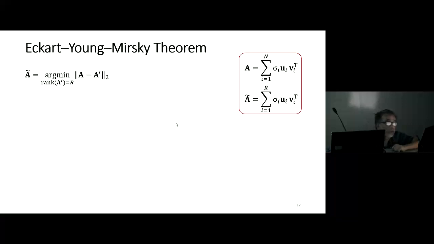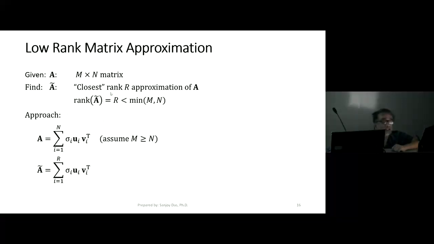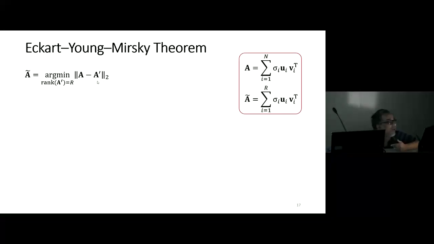Okay, and let's formalize this. What did I mean by closest? One could interpret this as the difference between A and A tilde would be small in terms of the L2 norm. I take the difference between A and A tilde, that would be the error matrix, and the L2 norm of this I want to minimize.